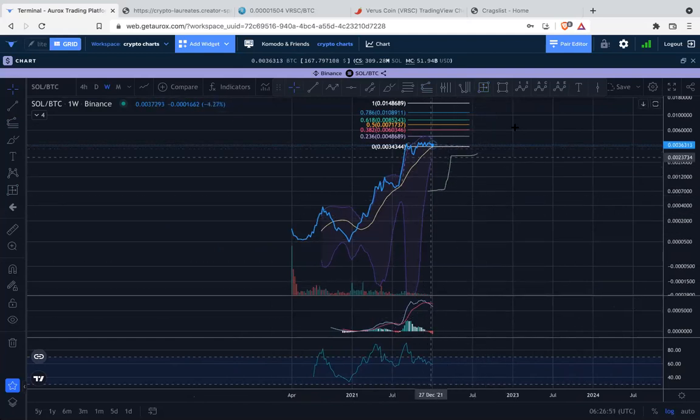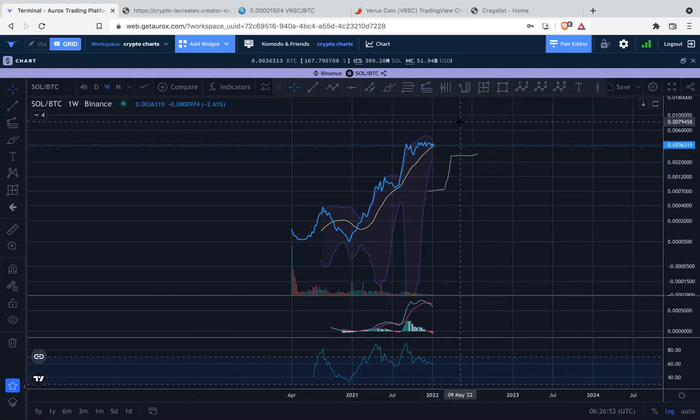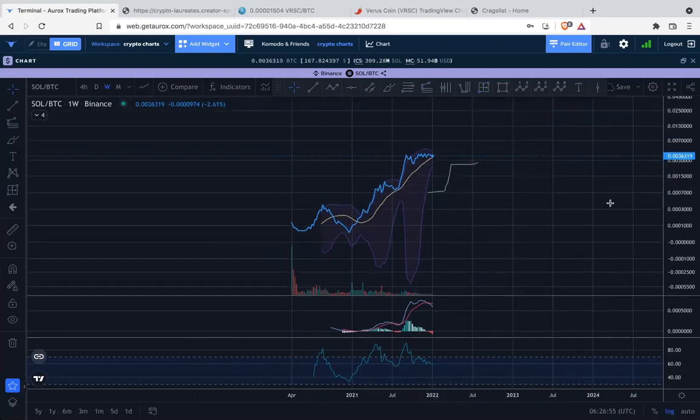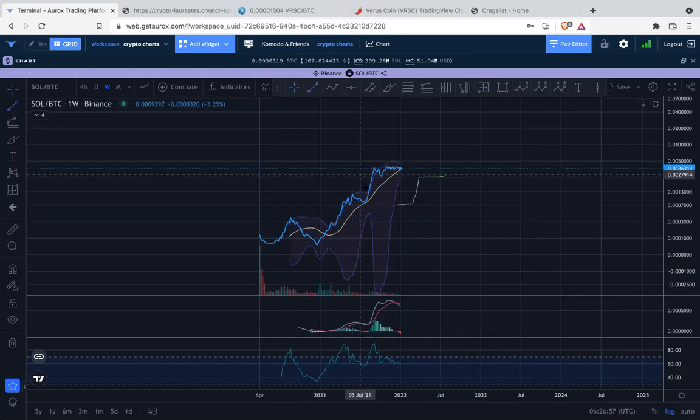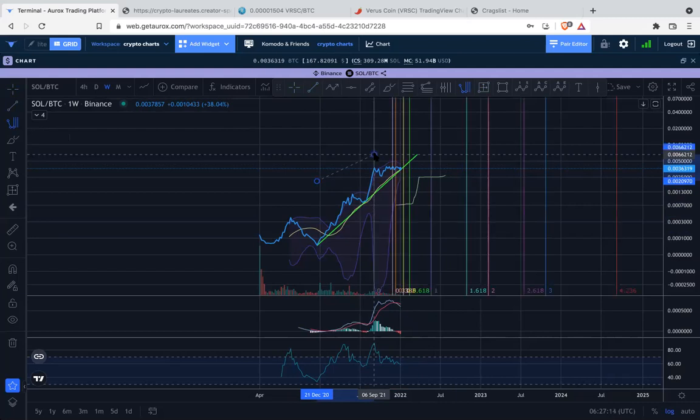Might need, but again, here's the thing: if it is going on a break of this trend line here, then we can start using our time tool. Let's pop it here and say we're nearing that 61.8 again, which is mid-Feb.